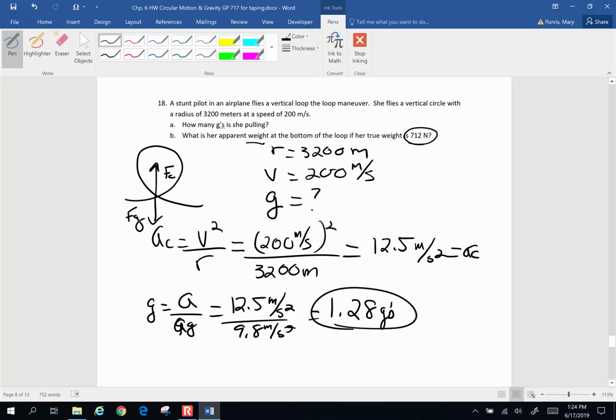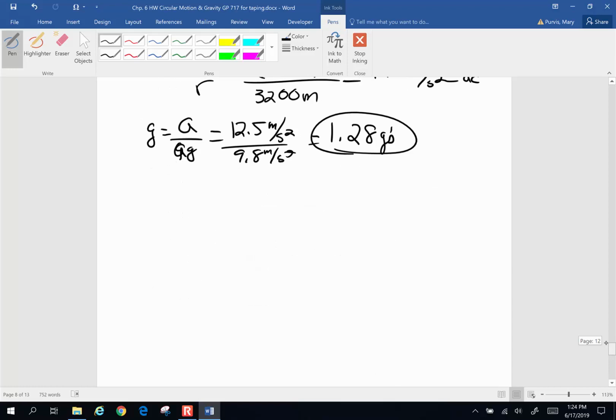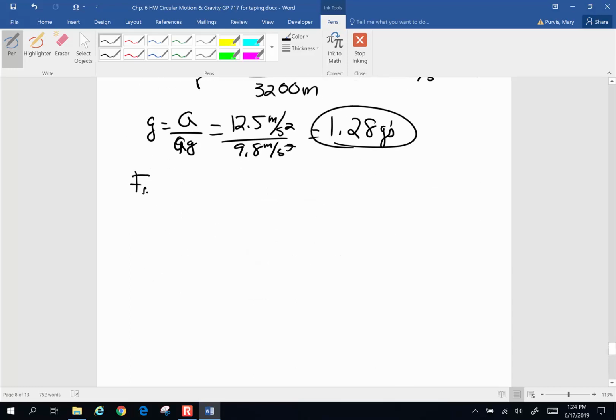So the net force on the pilot is going to be a combination of the centripetal force plus the force of gravity. The centripetal force on her is mass times centripetal acceleration, plus mass times the acceleration of gravity.